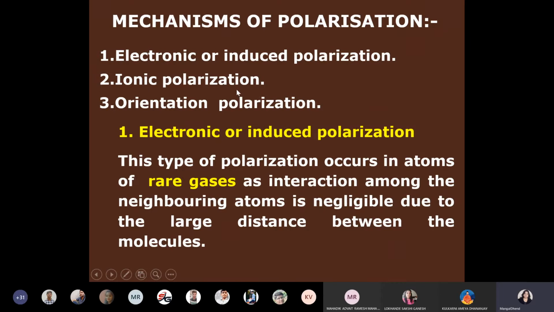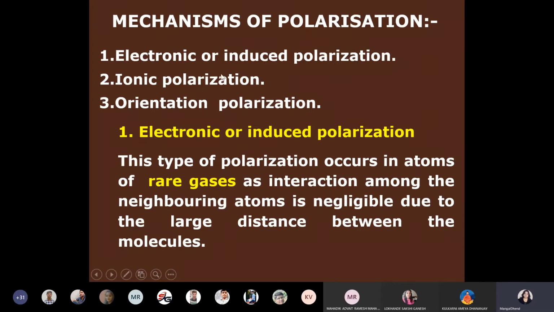Second is ionic polarization. In that, initially it may be existing in the absence of an electric field, but when you apply an electric field then it will be enhanced. It is ionic polarization because it happens in the case of polar material. So initially polarization may be there. If the resultant is not zero, then polarization may be there, and you are additionally increasing it.